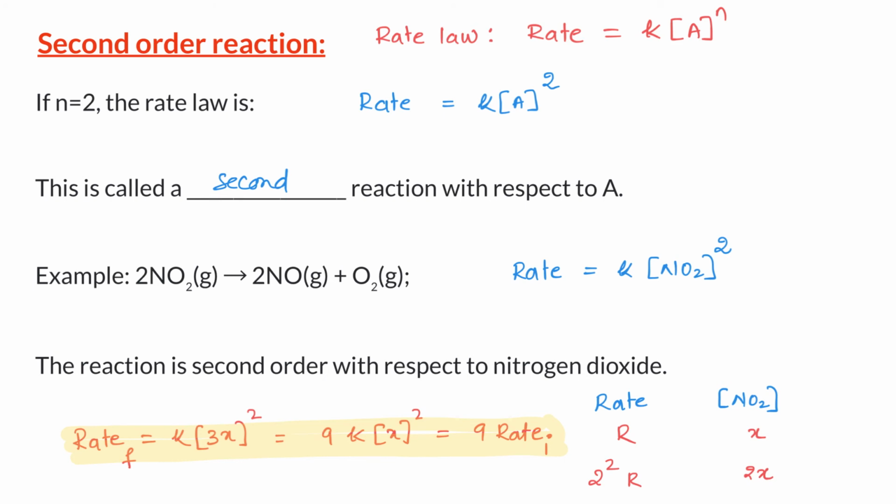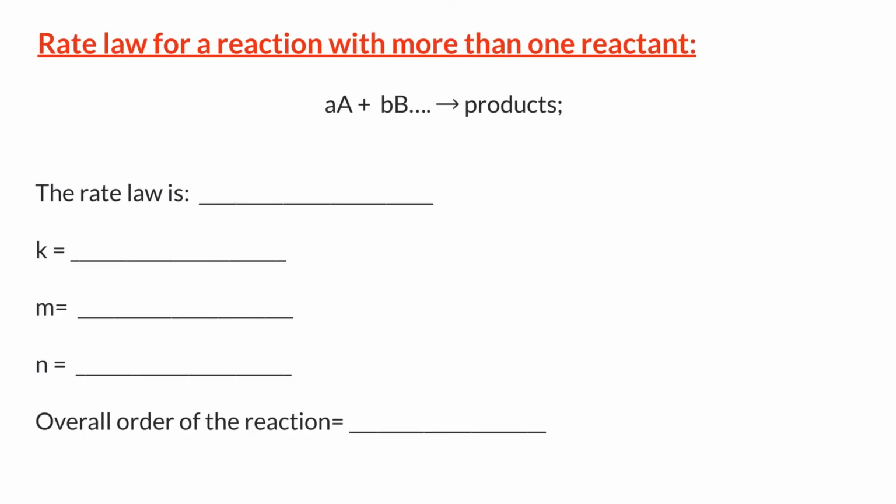If we have more than one reactant in the reaction, we use the following approach. For a hypothetical reaction with 2 or more reactants, a moles of A plus b moles of B and so on gives products.